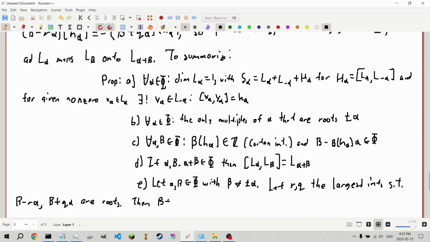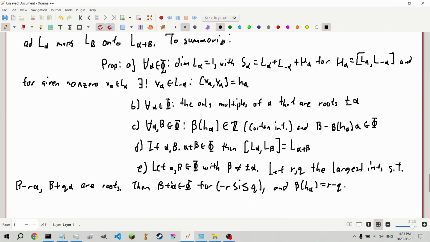Then beta plus I alpha is a root for negative R less than or equal to I less than or equal to Q. And we have that beta of H alpha is equal to R minus Q.